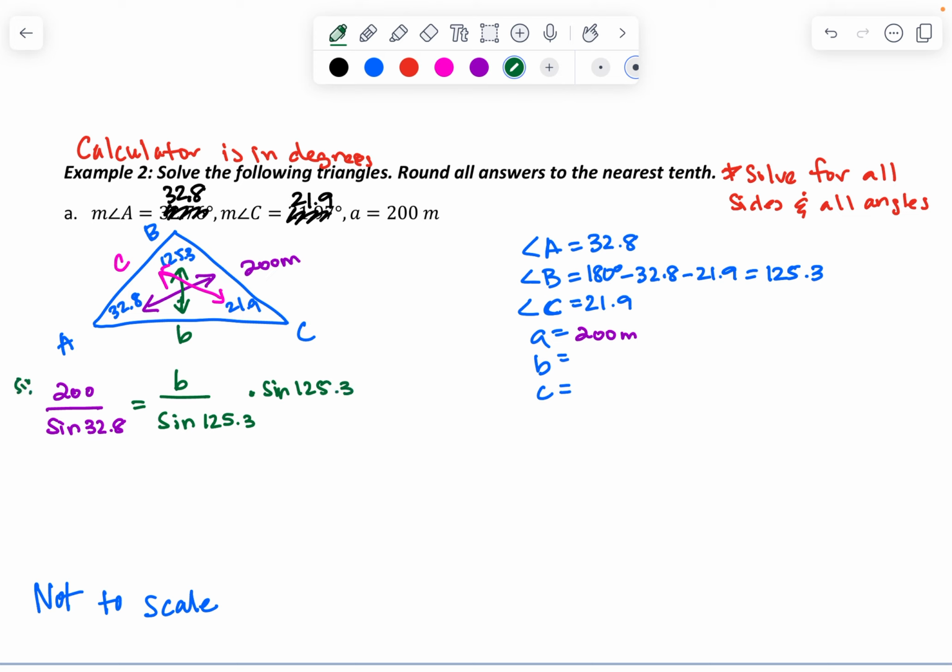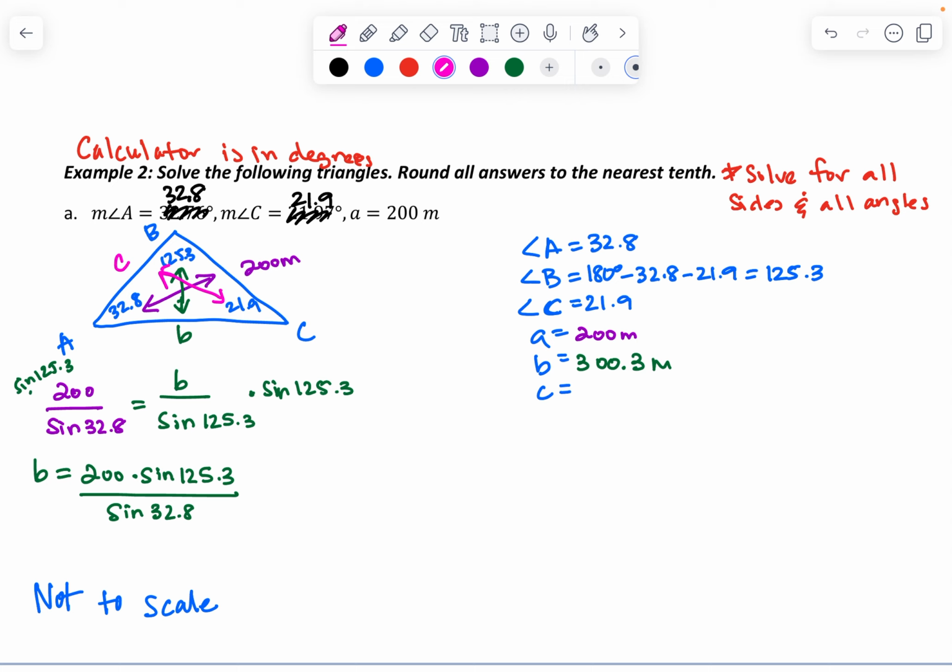That means that B is equal to 200 times the sine of 125.3 divided by the sine of 32.8. When you put that in your calculator, you will see that side B is 300.3 meters.